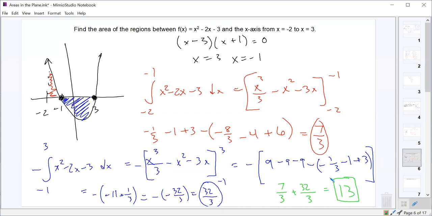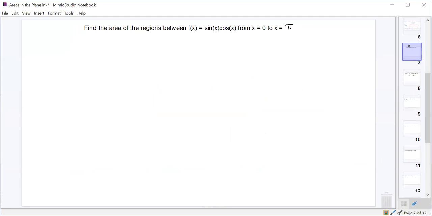Good or no? Good. So nothing new, calculus-wise, mathematically. All we have to do is just use a little bit of algebra to figure out where it crosses through the x-axis, and it requires us to do a little bit more arithmetic. Okay. But it's important to find the places where it might cross through the x-axis.